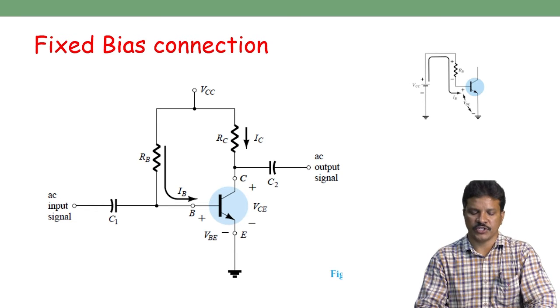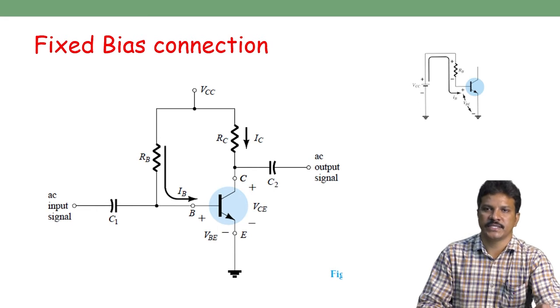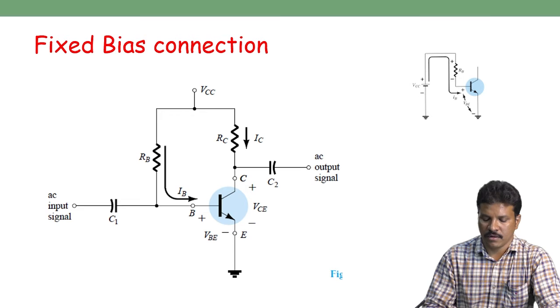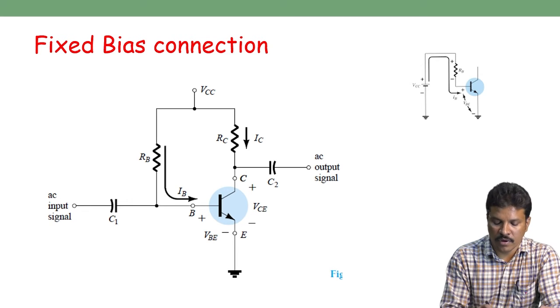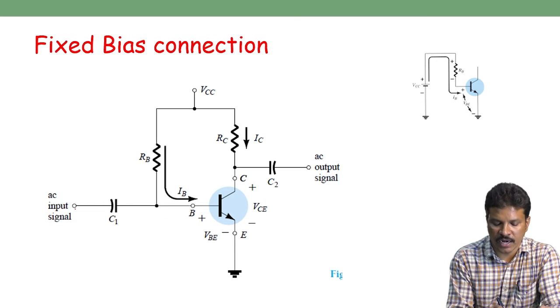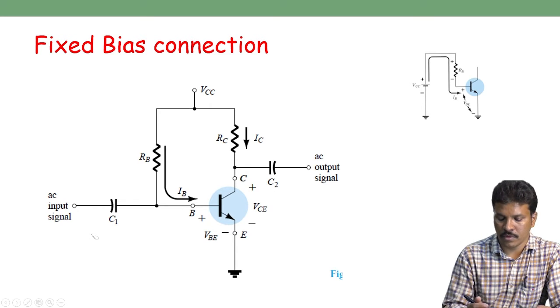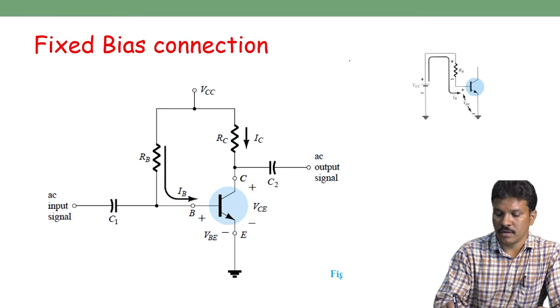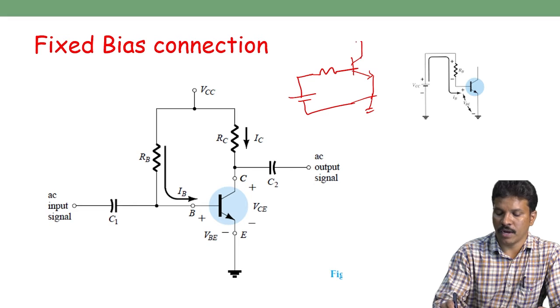What is a fixed bias connection? If a transistor amplifier is provided with biasing at the input side, take this network: the transistor, base resistor, supply voltage, RC and supply voltage VCC, and the output here, with the input here.